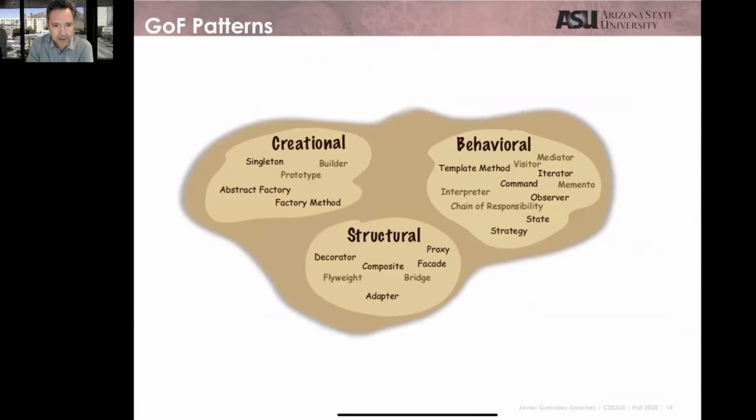Those 23 patterns are separated in three categories. There are behavioral patterns, creational patterns, and structural patterns. You can figure out that each category solves a particular group of problems. Behavior, for what?